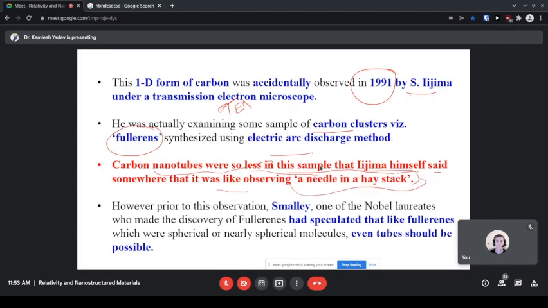That was very difficult to observe, because as he was taking the TEM pattern, there were only one or two nanotubes. Therefore, it was very difficult. But yes, there were nanotubes. Before the discovery, Smalley had already speculated that from fullerene we can obtain carbon nanotube, no doubt.